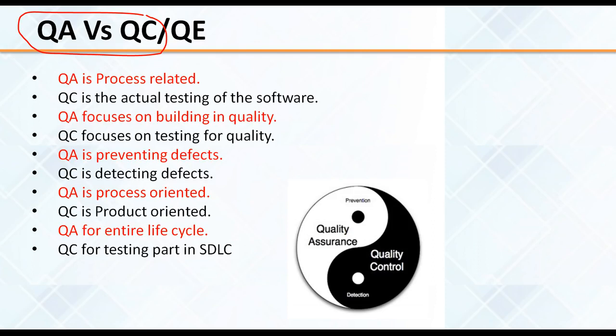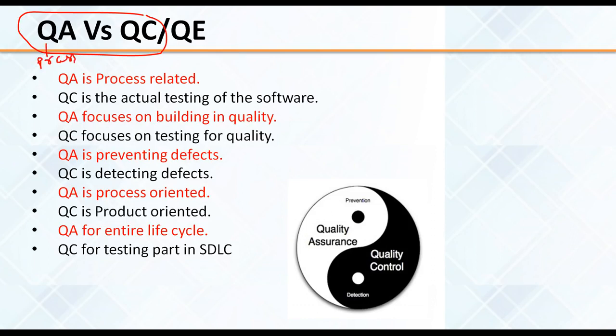It covers what we need to follow, like where we need to start, requirements, what different activities we need to do as part of requirements, what activities we need to perform as part of the design phase, the coding phase, and the testing phase, and what documentation we need to prepare. All these things are covered by QA, quality assurance. So this is process oriented. Remember this, it always talks about the process.